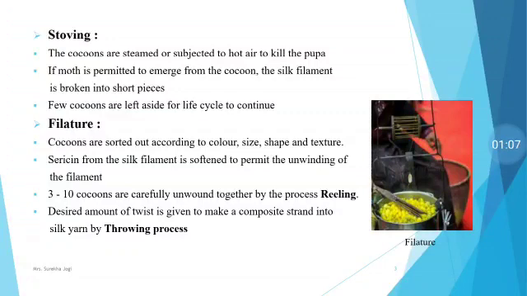So after that stoving process is essential. If the moth is permitted to emerge from the cocoon, the silk filament is broken into short pieces. Therefore, the cocoons are steamed or are subjected to hot air to kill the pupa inside the cocoon. This process is called the stoving process.